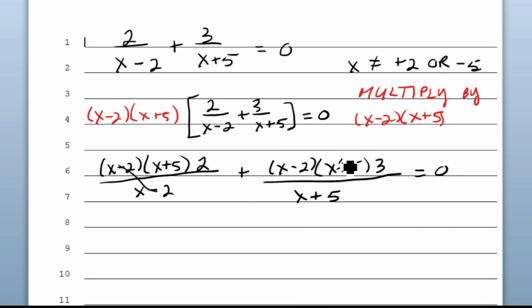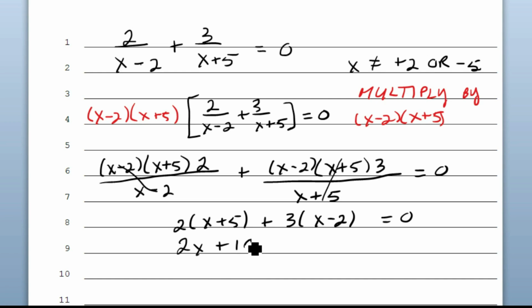That turns into a 1. x plus 5 over x plus 5 turns into a 1, and you're left with 2 times x plus 5 plus 3 times x minus 2 equals 0. And multiply these out, you get 2x plus 10 plus 3x minus 6 equals 0.